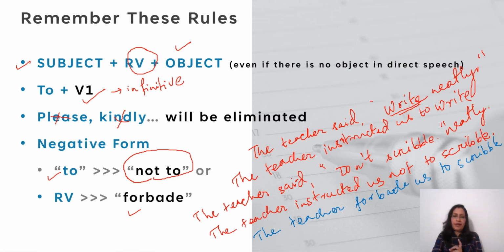And when it is a negative sentence, you need to change the word into a negative form. Scribble, not to scribble. Don't scribble changes to not to scribble. Don't talk changes to not to talk. Don't go away changes to not to go away. So this is how you are dealing with negative sentences which are imperative sentences.